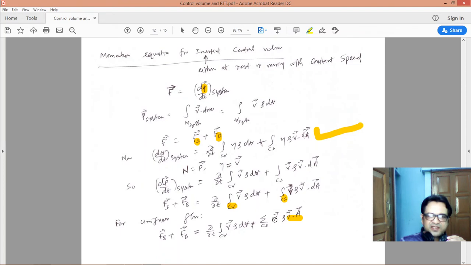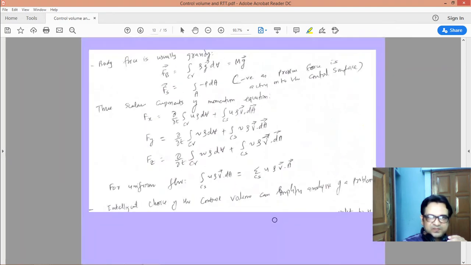So these are the sign conventions. Body force is basically the gravitational force, and the surface forces are mainly due to the pressure force. Pressure is always compressive and the outward normal is in the opposite direction, so for the pressure force we are getting a negative value.